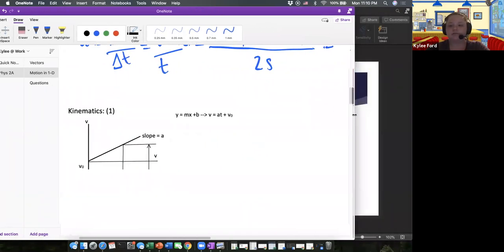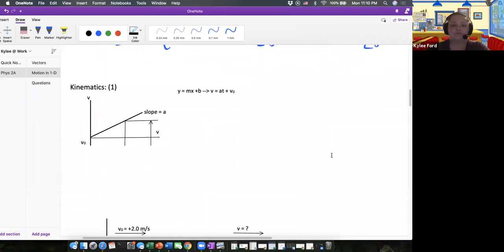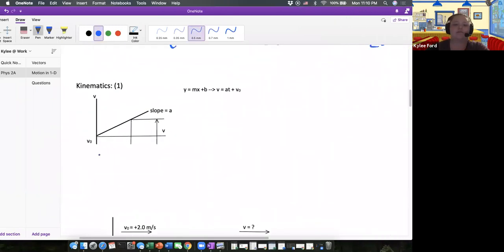Okay, so our first equation is going to be similar to what we were looking at earlier. Okay, we're going to start with some graph here, where this axis is t, this axis is v.